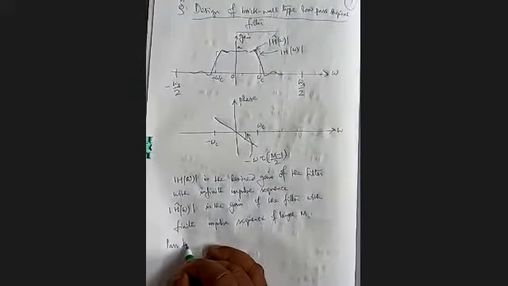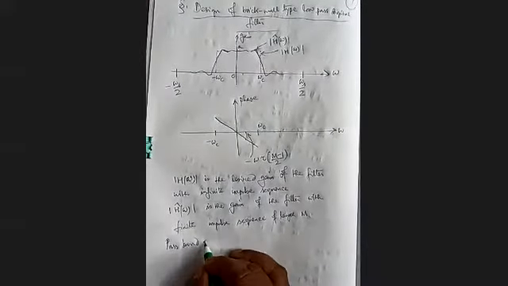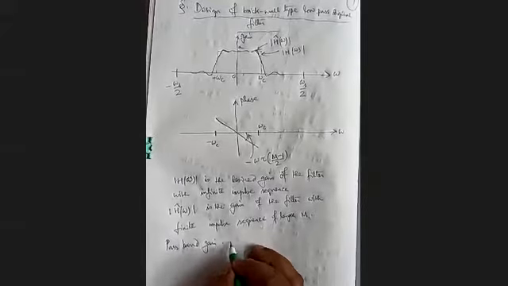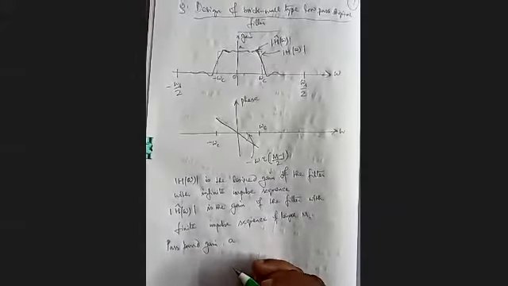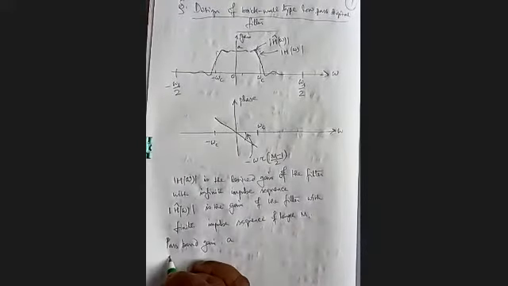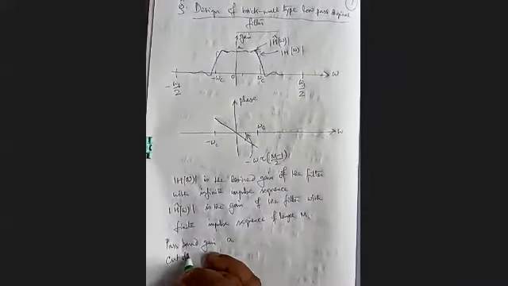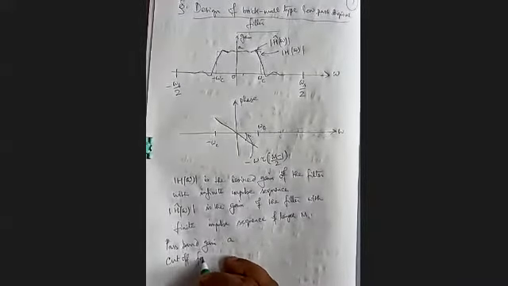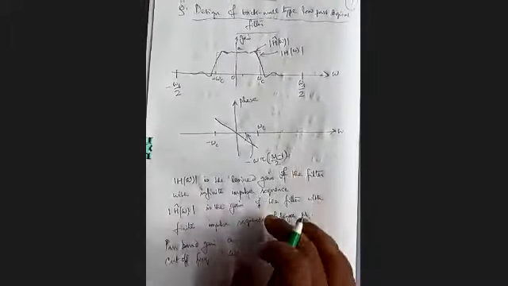Now what is A? A is the passband gain. And what is the cutoff frequency of the filter? Cutoff frequency of the filter is omega c. And if we see the phase characteristic, we'll see it is a linear phase characteristic.